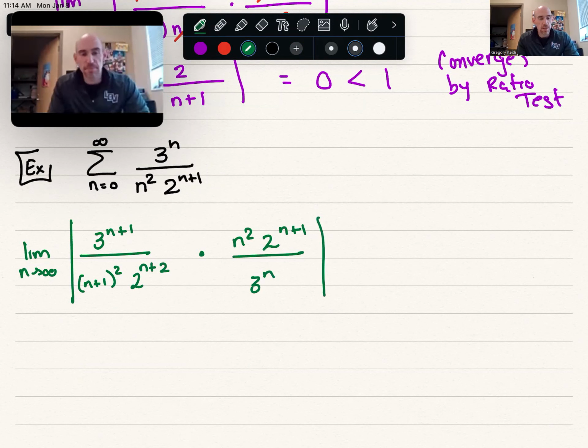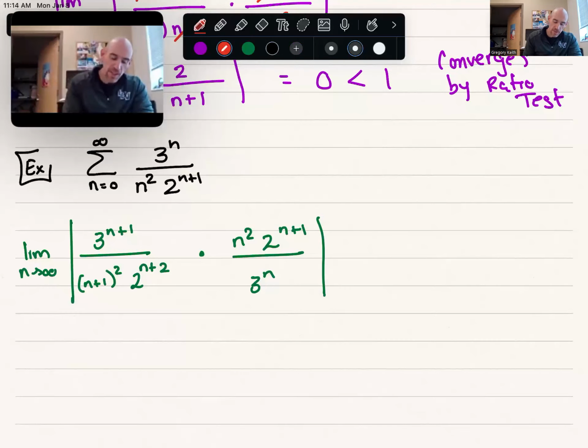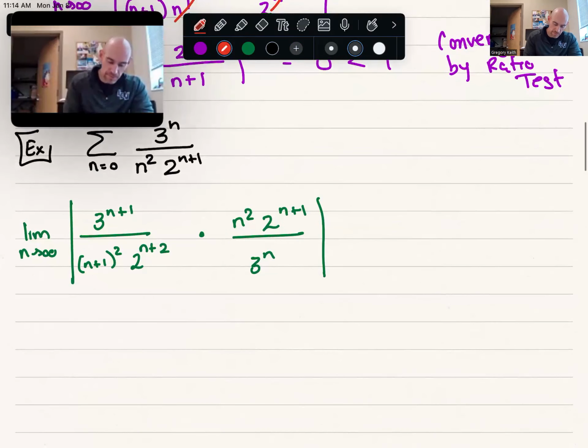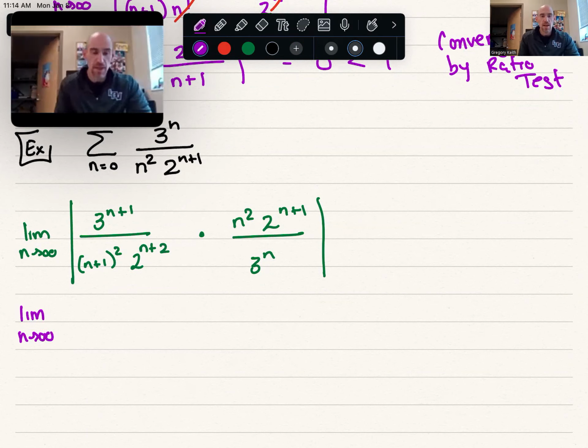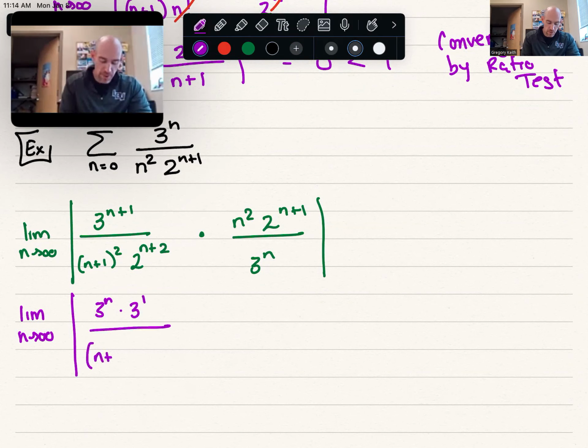Here I'm going to break everything up just like I did in the last one. So I'm going to do the limit as n goes to infinity of 3 to the n times 3 to the first. We'll leave the n plus 1 squared, and this will be 2 to the n times 2 to the second, times n squared.